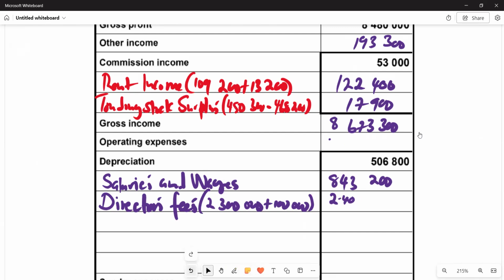We can just put it as it is, 2,400,000. Right. So this is the figure that we have for directors' fees. So we can try to go to the next expense that we are given in the question.